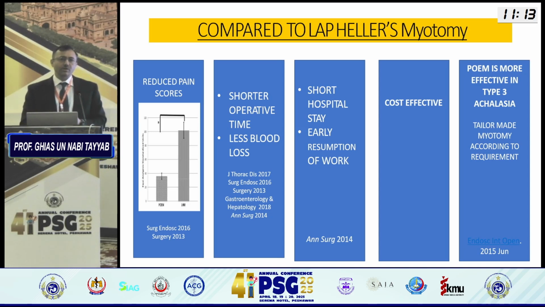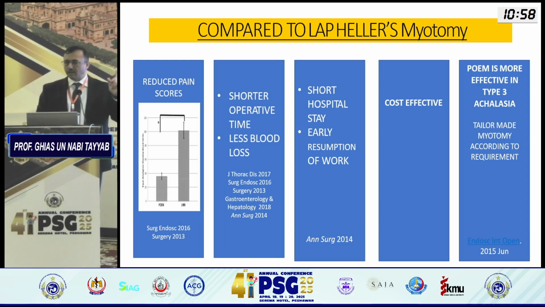Now, talking about the gold standard, for every new procedure, we always have a gold standard, and the gold standard is laparoscopic Heller's myotomy. Compared to laparoscopic Heller's myotomy, we have fewer complications in E-POEM. We can cut the muscle for a longer length.